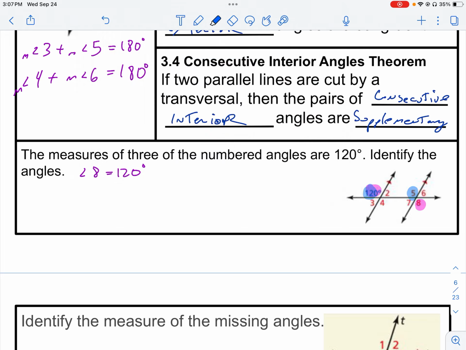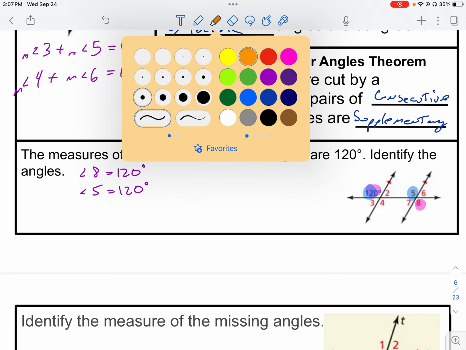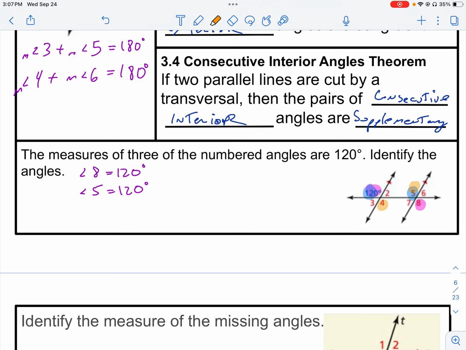Angle 1 and angle 5 are consecutive angles. So angle 5 equals 120 degrees. And angle 5 and angle 4 are alternate interior angles. So angle 4 equals 120 degrees.